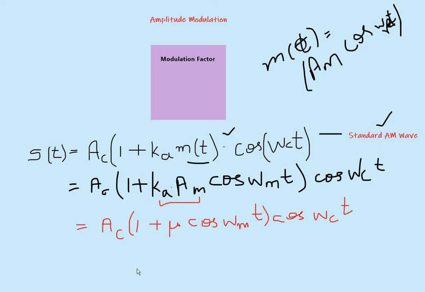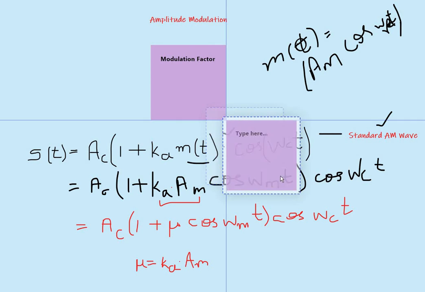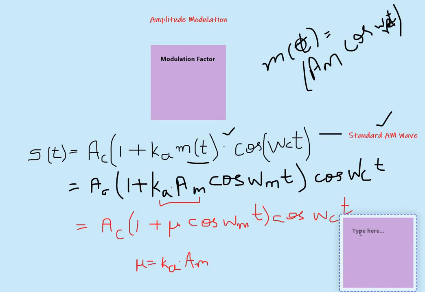This mu is equal to ka into Am, and this mu is called the modulation factor or modulation index. It has no unit.